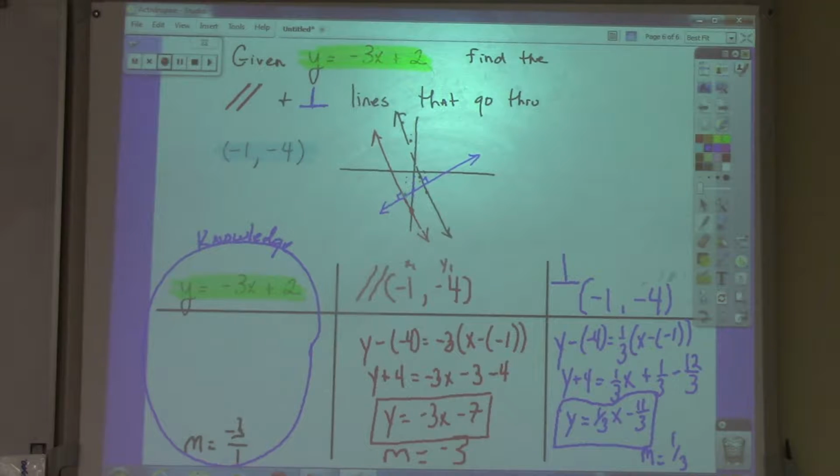And the most important part is this part right here. This part to this part to this part. That's the most important.